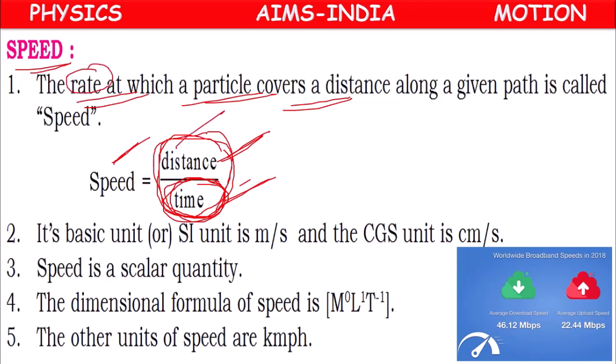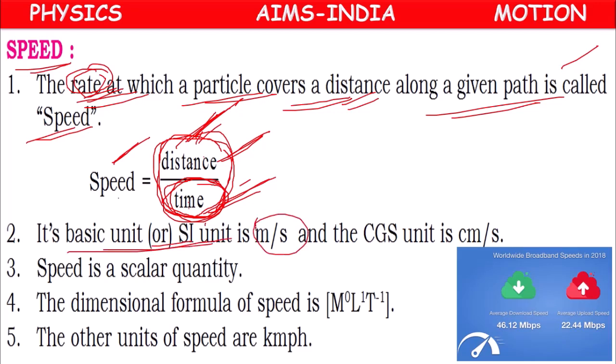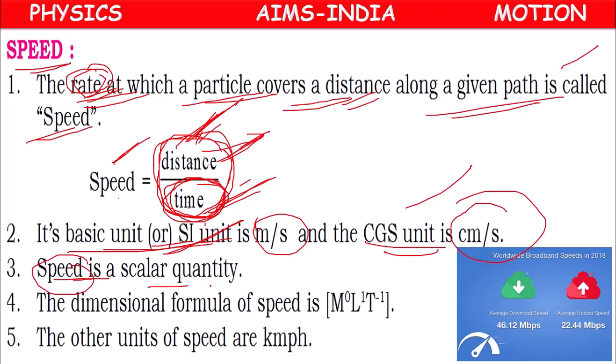Because we are checking the distance with respect to time. So the rate at which a particle covers a distance along a given path is called speed. So speed equals distance by time. Its SI unit is meter per second, CGS unit is centimeter per second. Because speed depends on distance, it is a scalar quantity.